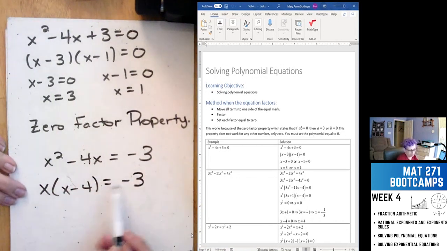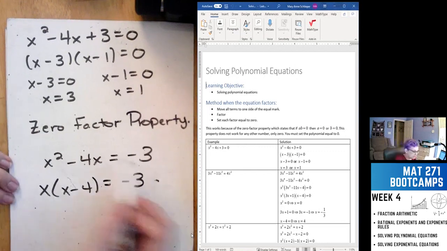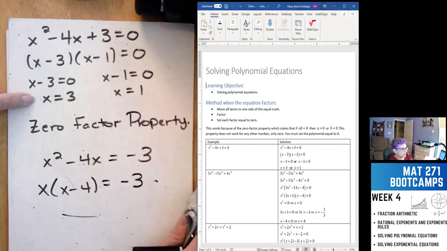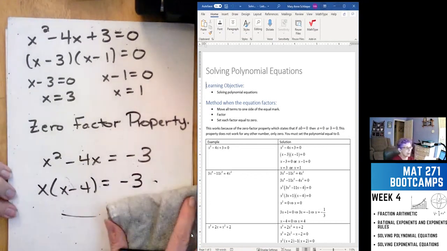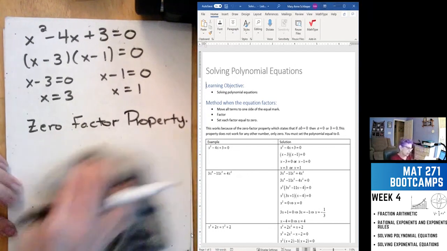And if you try setting these equal, you get completely different answers because just because two things multiplied together equal -3 doesn't mean that one of them has to be equal to -3. There's infinitely many x's you could put in there. This case is different. One of them has to be equal to 0. So don't fall into that trap.